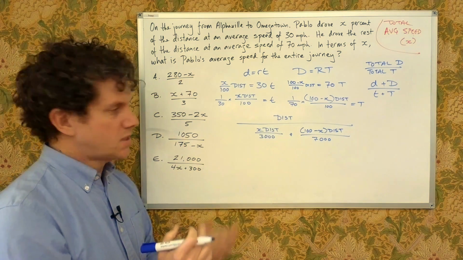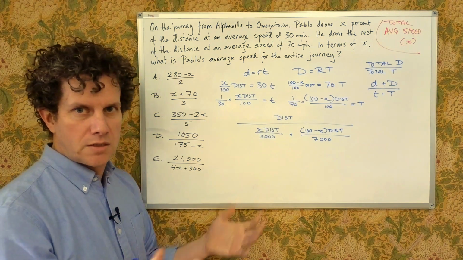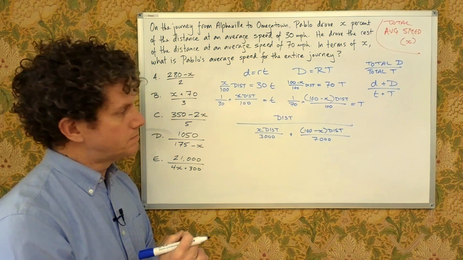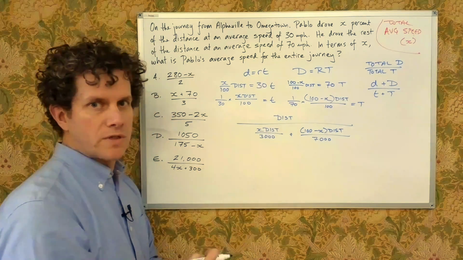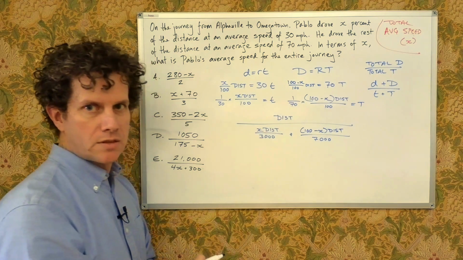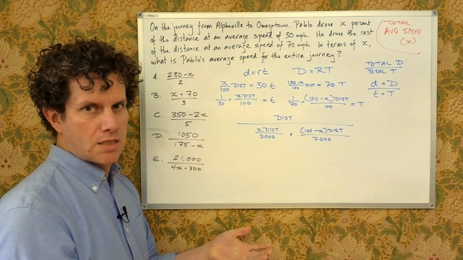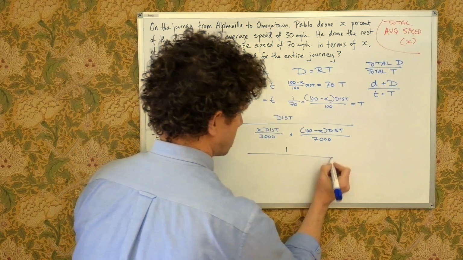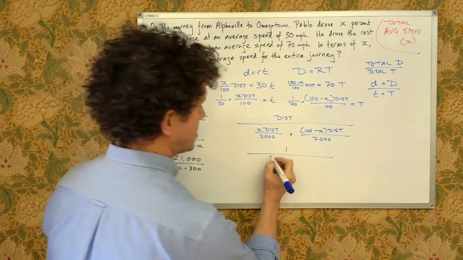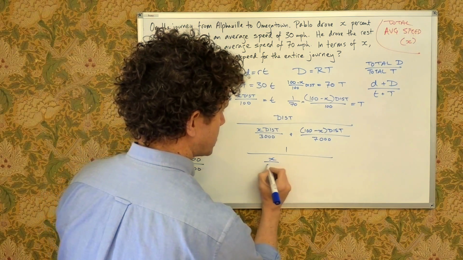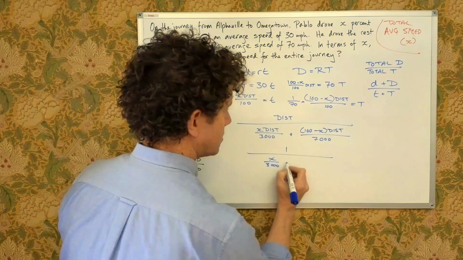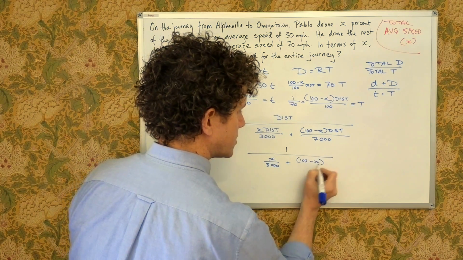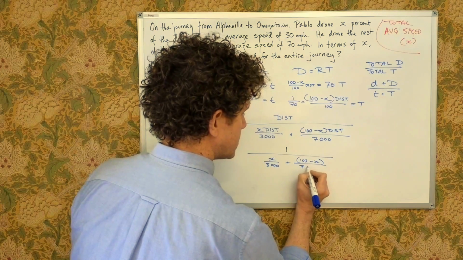X is in the answer choices, but I've got this dist here, my unknown distance, and it's in every term. So I can factor it out of these two terms. It will then cancel top and bottom, and it's like it was never there. Our numerator becomes 1, and our dist is now gone. So this is x over 3,000 plus 100 minus x over 7,000.